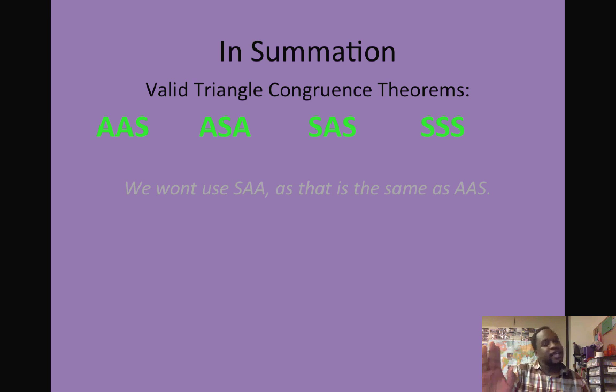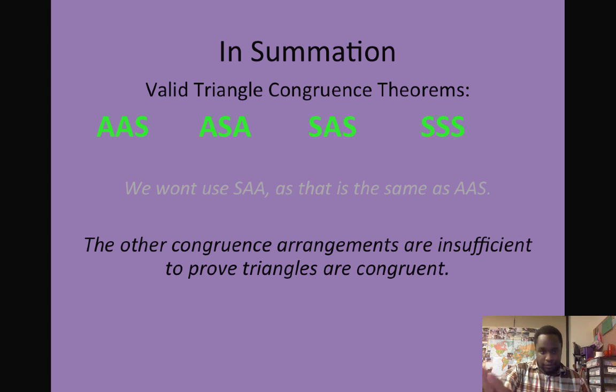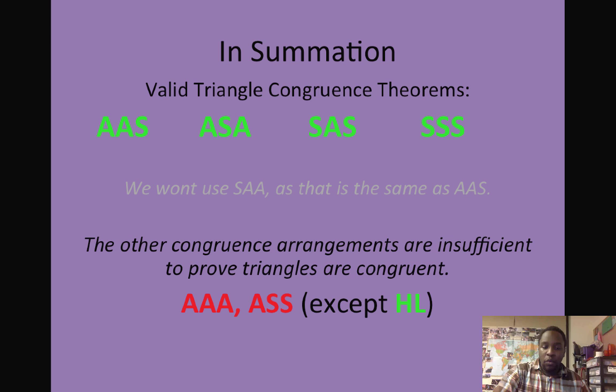We won't use SAA as it is the same as AAS. Then the ones that do not work because there is not enough information are AAA and ASS, except for HL. So it's basically an ASS with a right triangle. That's HL. We're not going to use SSA because it's the same thing as ASS.